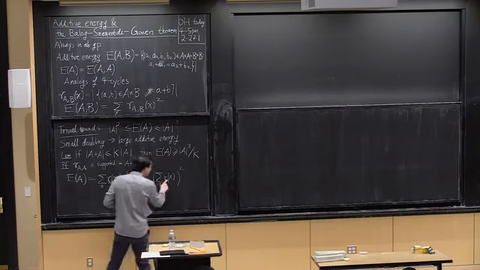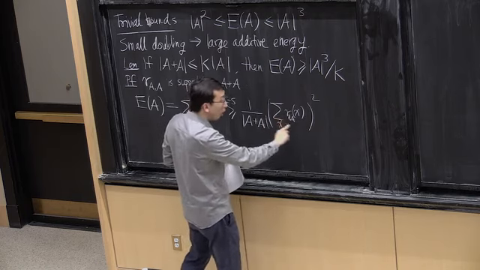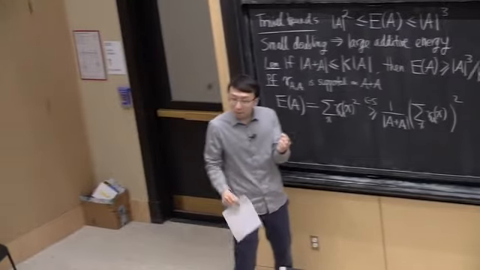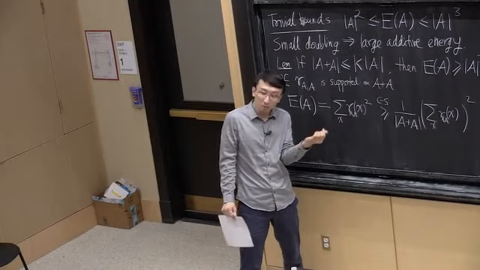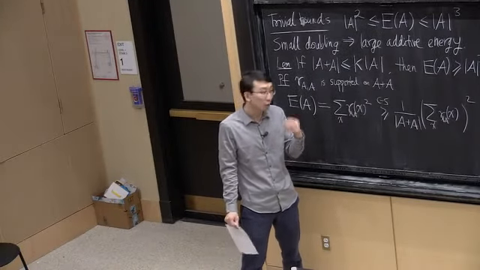But what is the sum of r's? r of x is just the number of ways to write x as little a1 plus little a2.